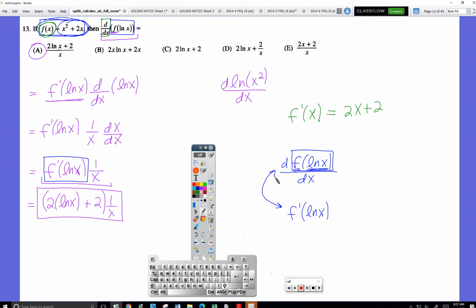Keep looking at it, make sure to make sense of why these two are not the same. This notation says go find the f prime formula first, then plug in ln. This notation says put ln into f, then take a derivative. So it's order of operation. This one is the same as this.